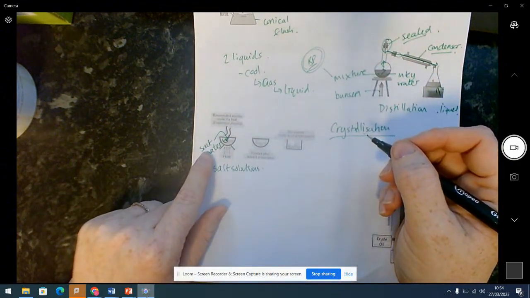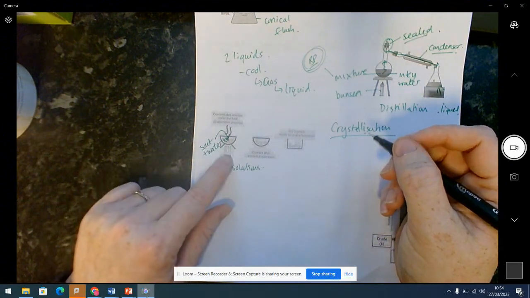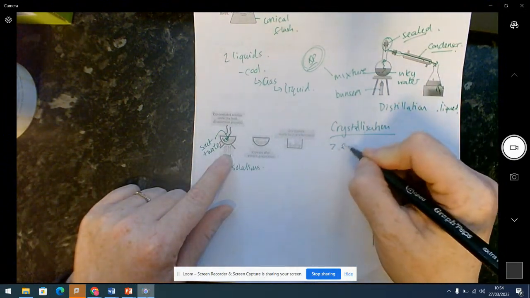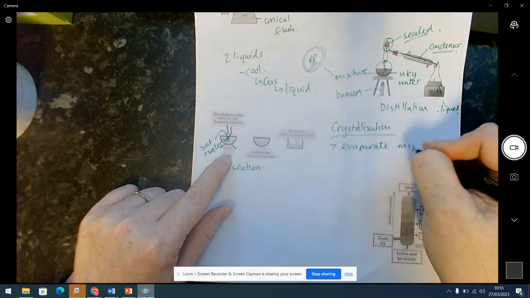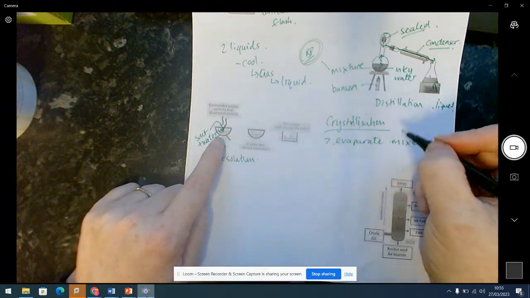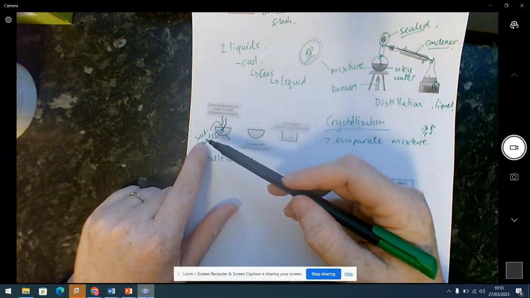We want to get our salt crystals evident so we can actually look at them and weigh them, for example. To do that, we would evaporate. The key thing here is knowing to evaporate the mixture. What that does is allow the water to escape, leaving behind the salt crystals.